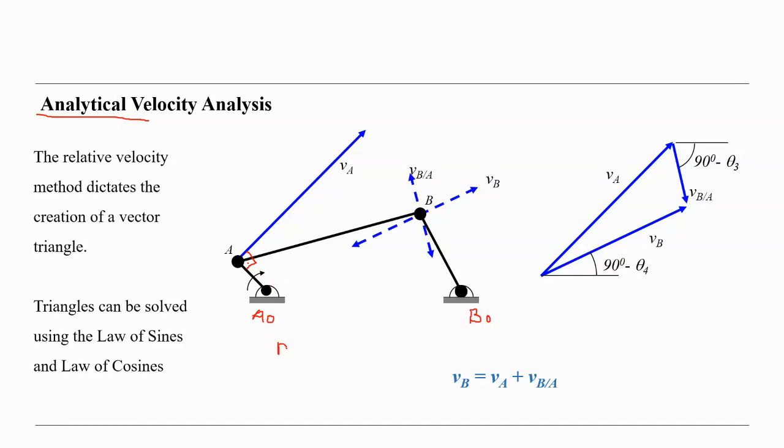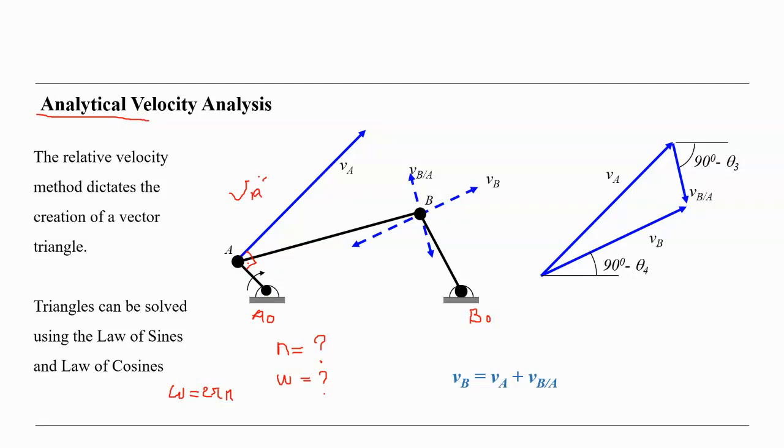So either the RPM or the angular velocity must be known. In case we know the RPM rotations, we can calculate the omega. You may remember omega is equal to 2 times pi n. So this is the formula we use to calculate the omega. Then, if we know the omega, we can also calculate the VA.